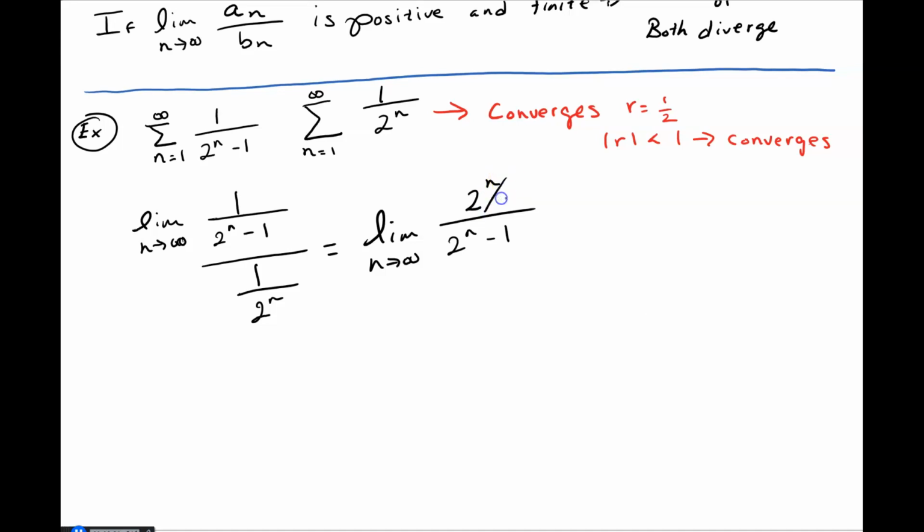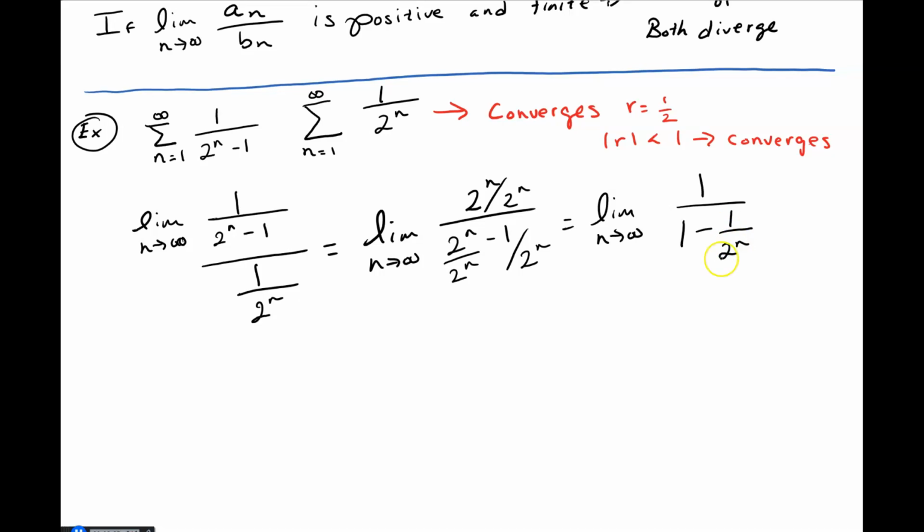We divide this by 2 to the n, and this by 2 to the n, and this by 2 to the n. We're factoring it out, in other words, taking out this common factor. We're left with the limit as n goes to infinity of 1 over 1 minus 1 over 2 to the n. Here, this term goes to 0, and we're left with 1.